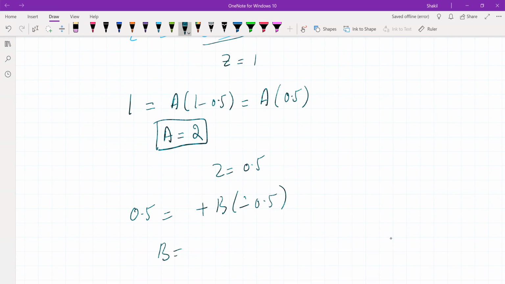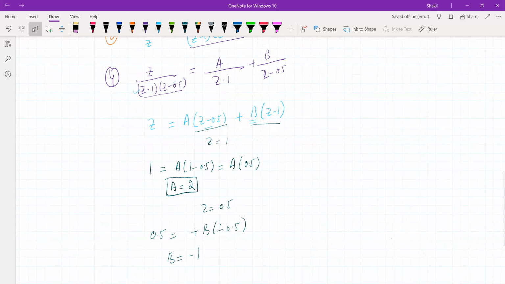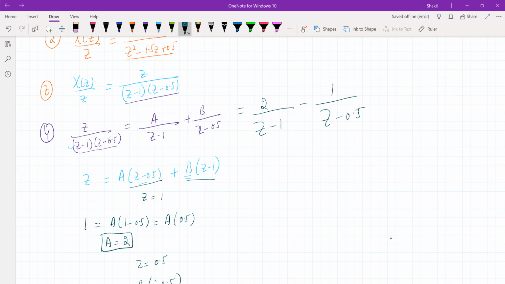So we can get b equal to minus 1 from this. So going back to this, we obtain a is 2 by z minus 1 and b is minus 1 by z minus 0.5, and we see this is equal to X(z) by z. So we can say this is X(z) by z.